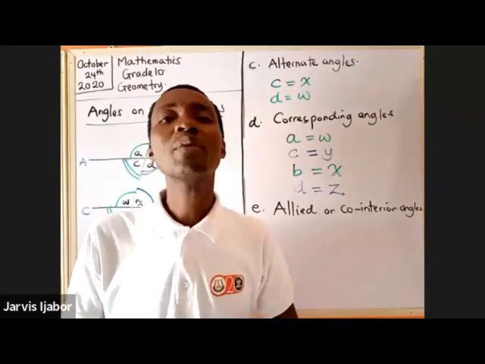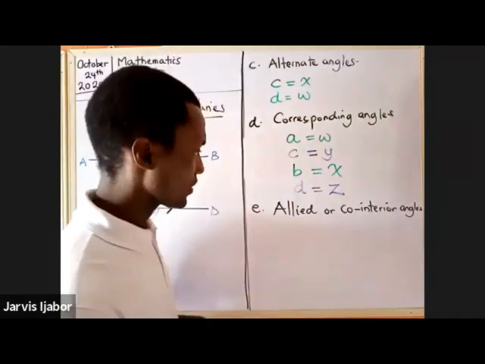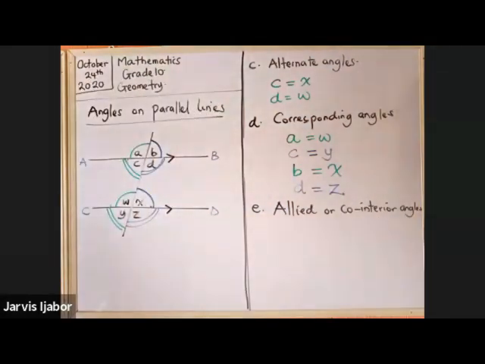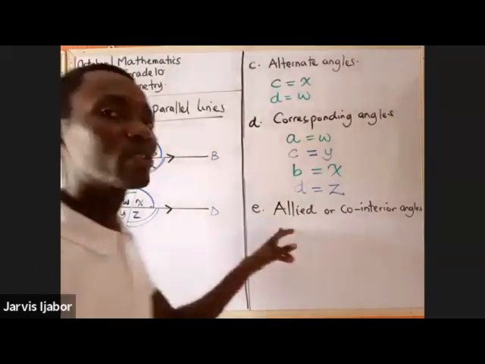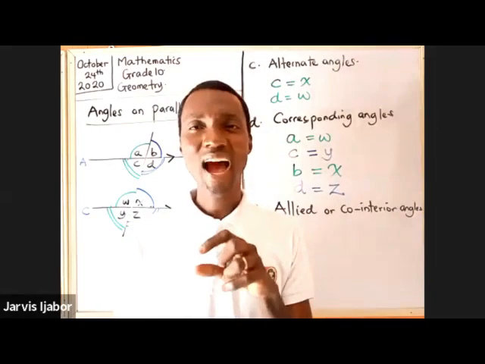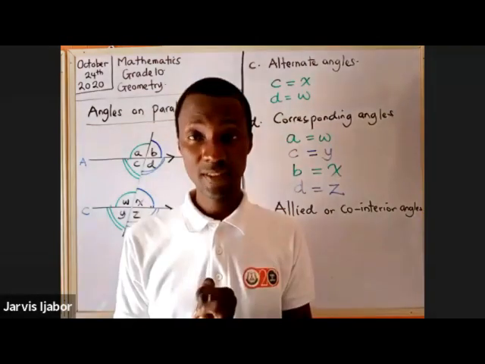So what do we mean by allied or co-interior angles? The first understanding you must have is that they are supplementary. That is, they sum up to 180 degrees.